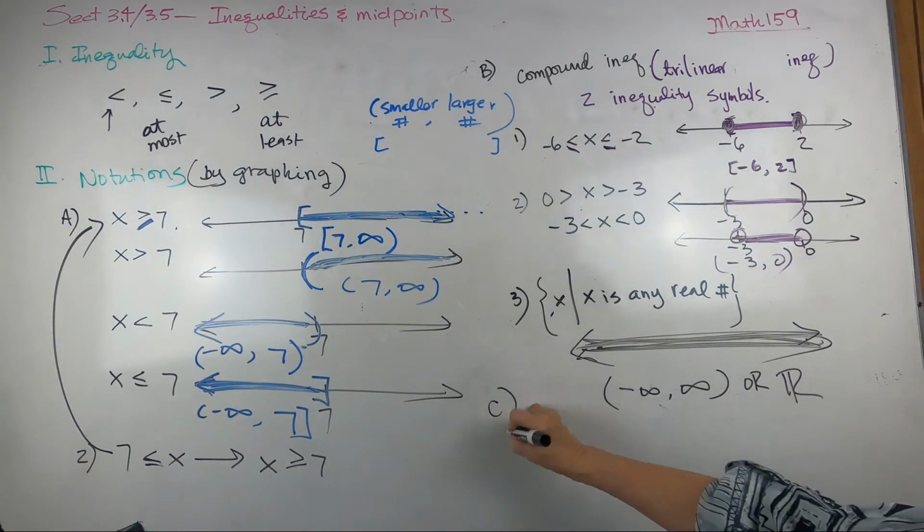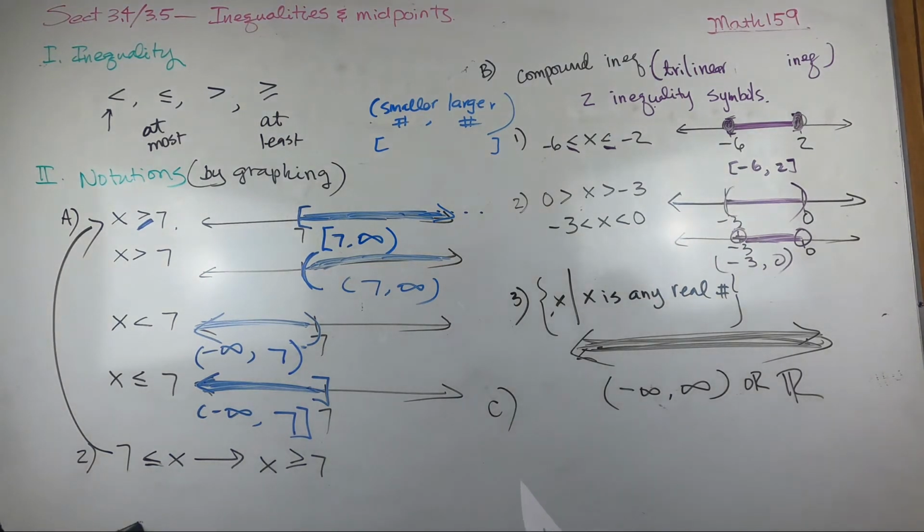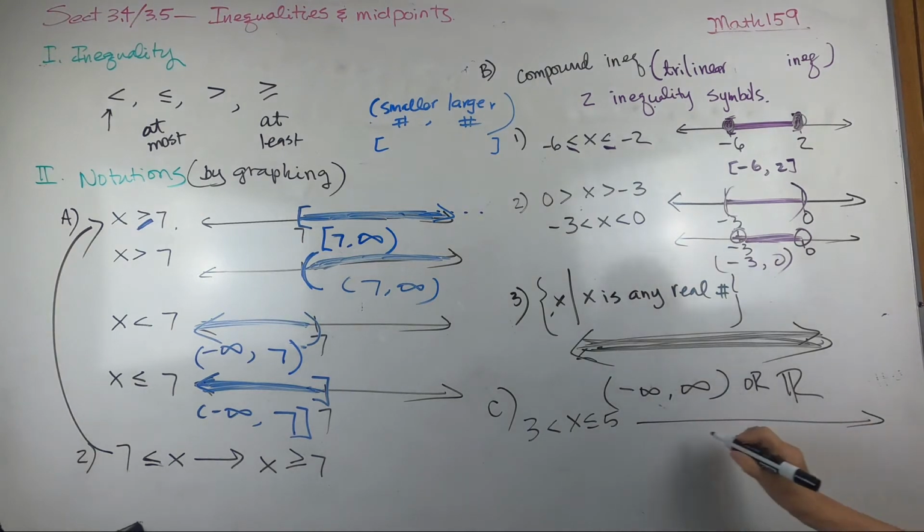Next one. Graph the inequality 3 less than x less than or equal to 5. How do we show it? You draw your number line with 3 and 5.